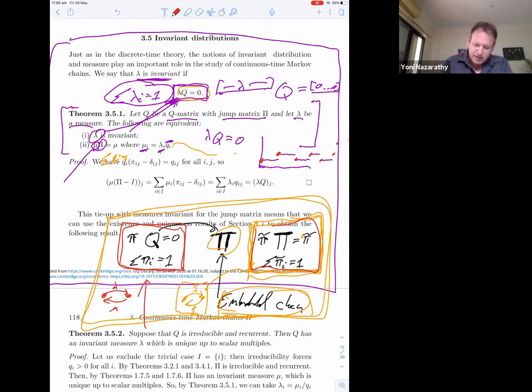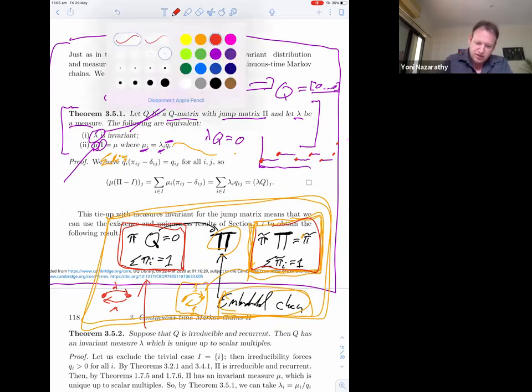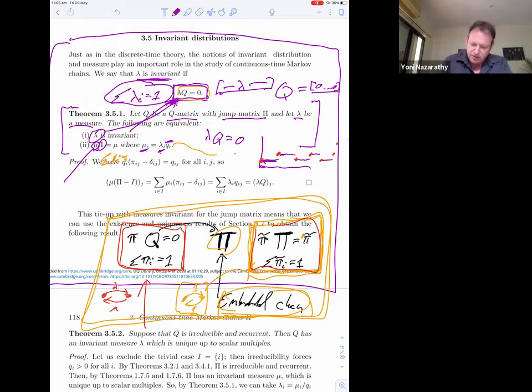So the measure for the embedded chain would not take into consideration these durations, which have varying means inversely proportional to this qi. Okay, that's an interpretation for this.